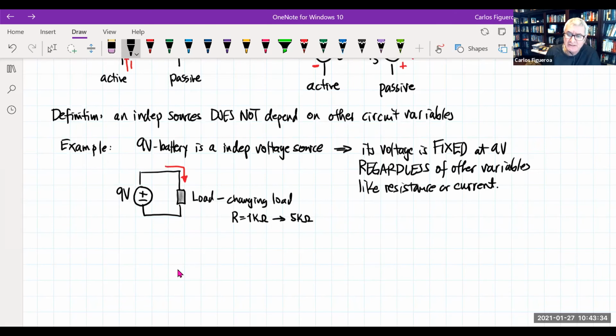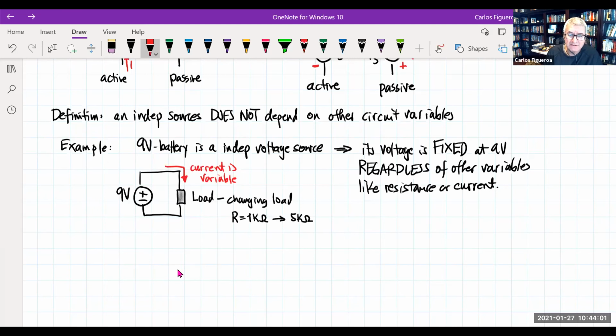Depending on how I change this, the current here is variable. So in other words, a 9-volt battery always keeps its 9-volt value, but its current is constantly changing.